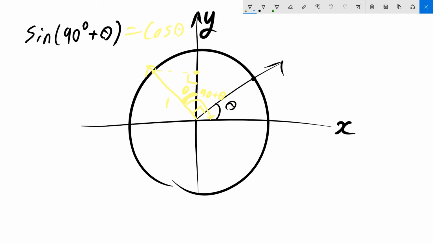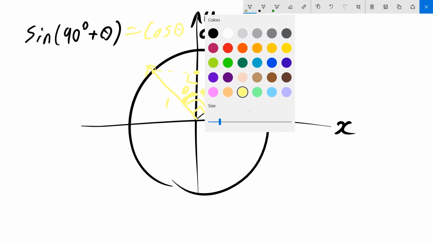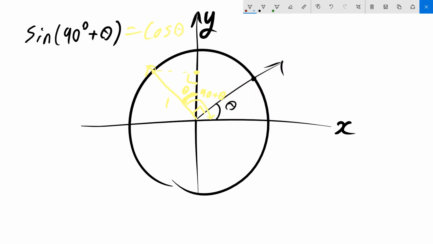Can the same be said with sine then? Can we say that if we use cosine instead, we want to find out cosine of 90 degrees plus theta. What is that equal to? Well, we can use the same logic.